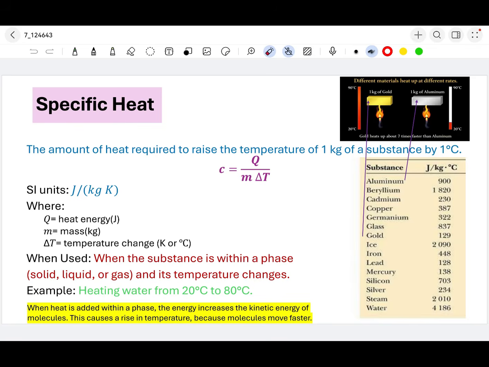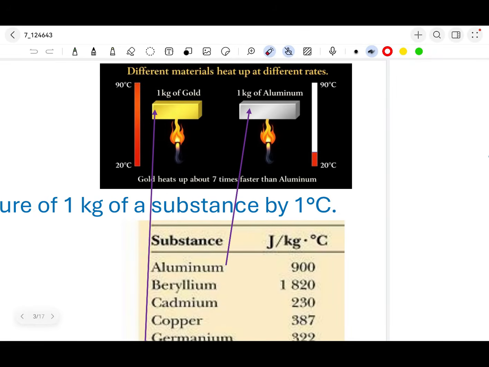Okay, so here, when to use the specific heat? In order to understand, let's focus here. Suppose here we have 1 kilogram of gold and 1 kilogram of aluminum. Suppose if we supply the same amount of heat energy to the 1 kilogram of gold and 1 kilogram of aluminum. The gold quickly rises its temperature, whereas the rise in the temperature in the aluminum is less.